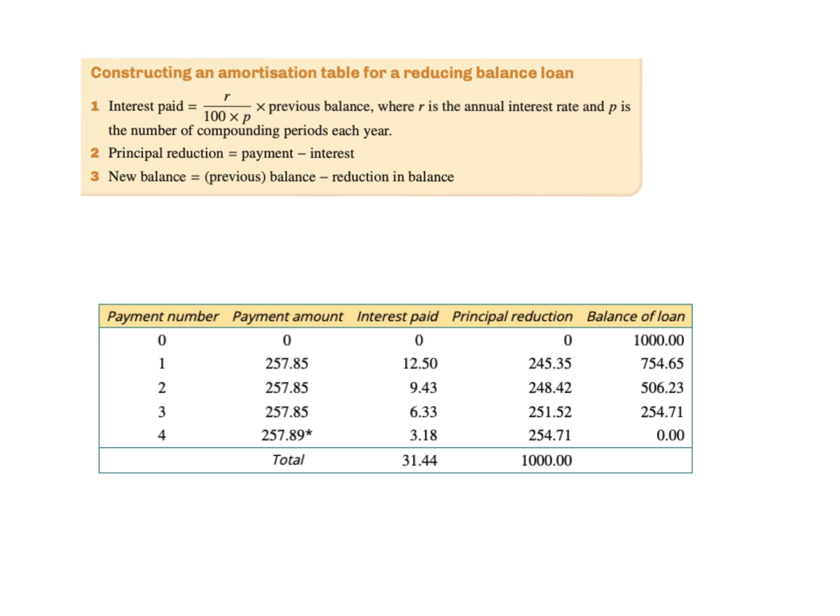So, constructing an amortisation table for a reducing balance loan. Remember, with a loan you gain interest and you take away the payments you make. The way we write the interest paid is R over PPY over 100, times V0.